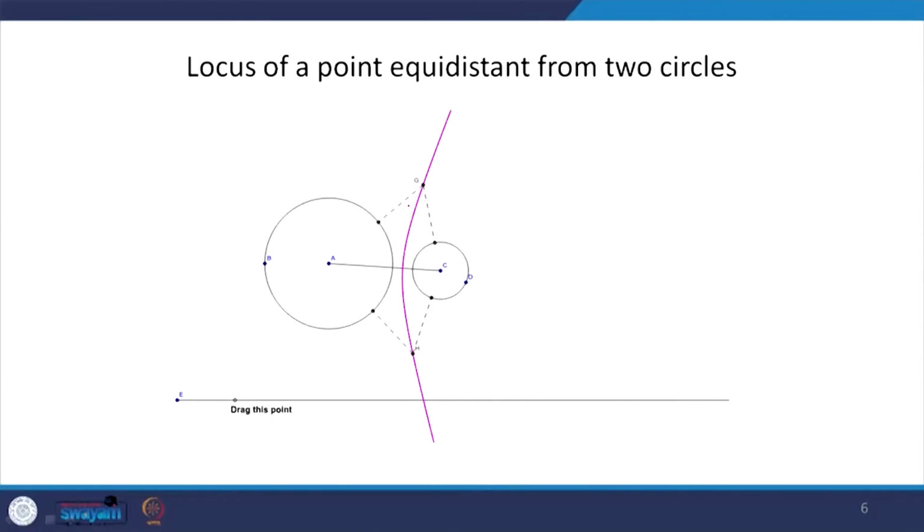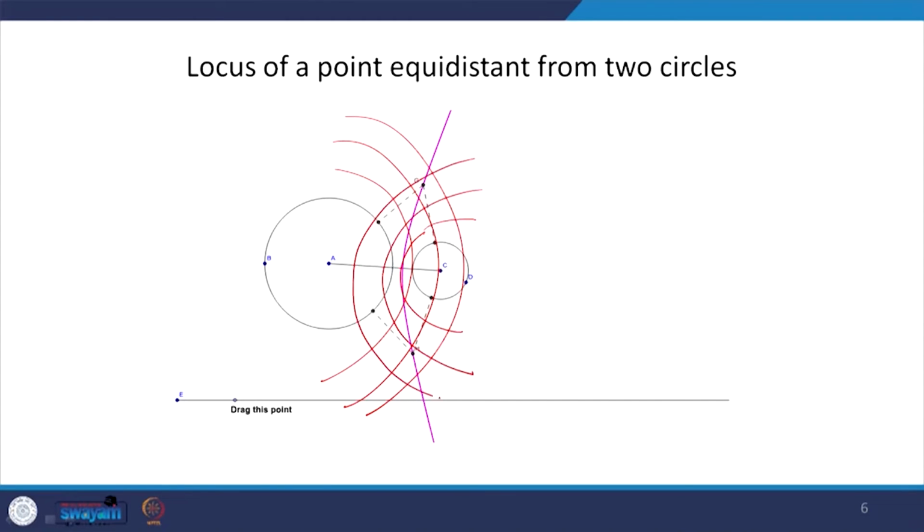If you remember what I have just told, that we will be drawing concentric circles to both these given circles, okay, and then this curve, where I am not drawing it freehand properly, will actually be the intersection of both of these circles. Wherever both of these circles will intersect will be where we will get this curve. That is what this curve is.